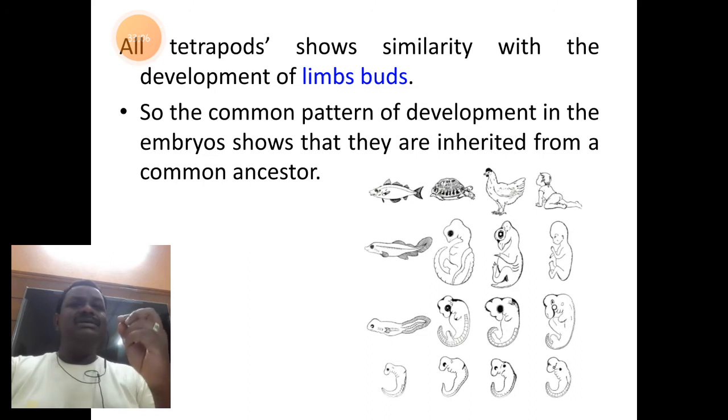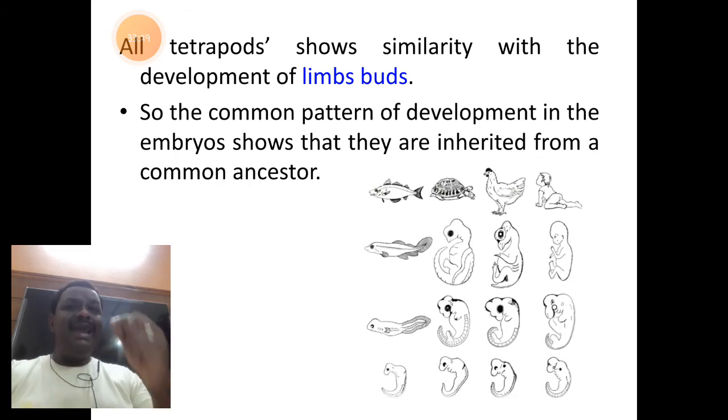Its location remains the same in the embryos of different classes of the tetrapods. It is the same with the features of eye and ear rudiments also.